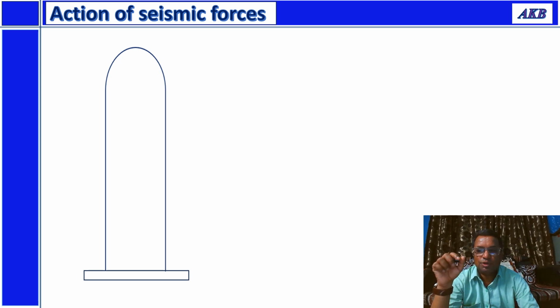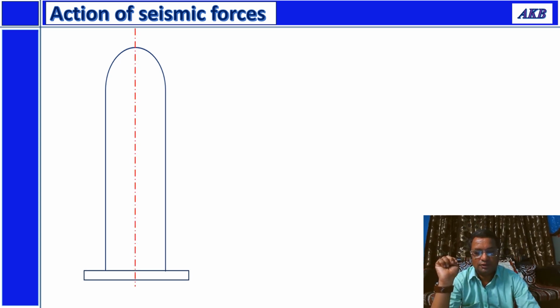First, let us know about the action of seismic forces, how seismic forces are going to act. That will make us think about them. So if you consider a tall column, I have shown a simple schematic of the tall column. This is the central axis.